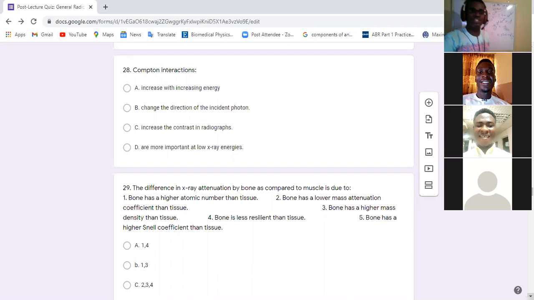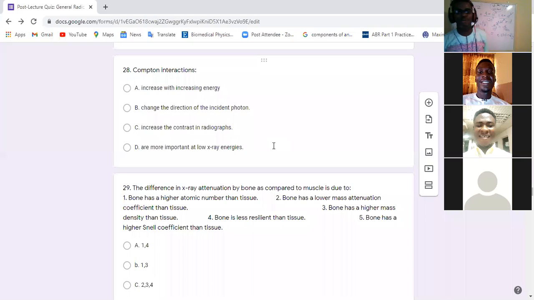So what does Compton interaction do? Compton interactions change the direction of the incident photon. Of course, yeah, that's straight. What is option A?